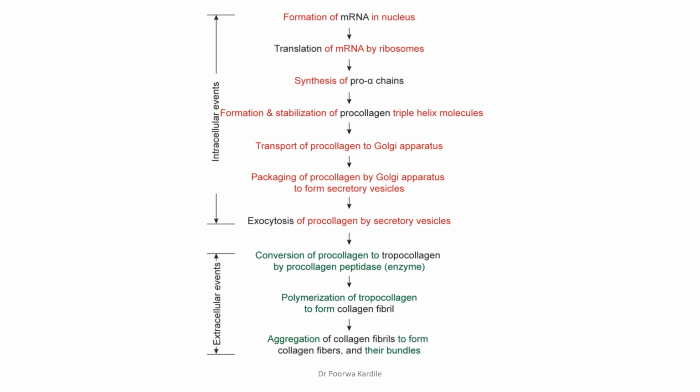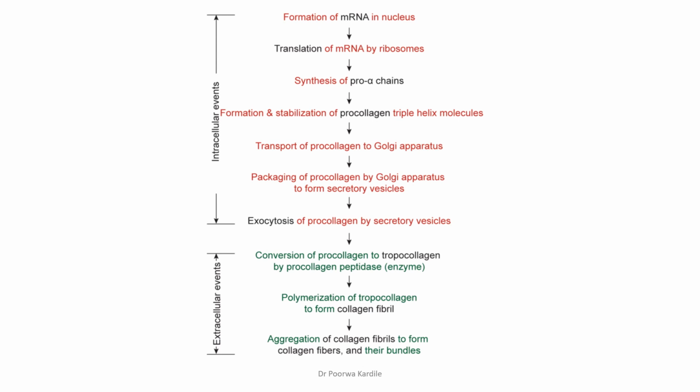In this slide we will see the synthesis of collagen. So the first step is translation of mRNA present in the nucleus by ribosomes. And after translation of mRNA, there is synthesis of pro-alpha chains. And these will form and stabilize procollagen.